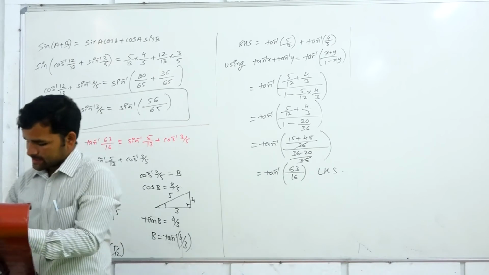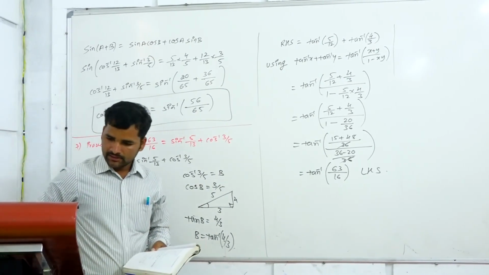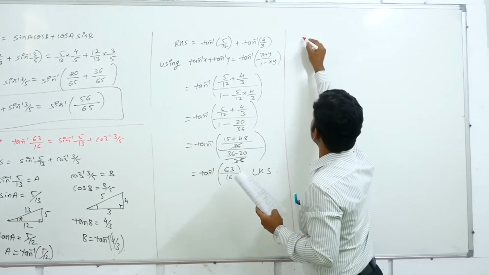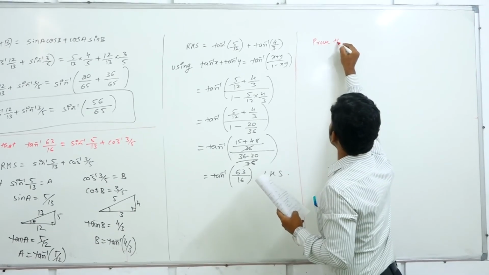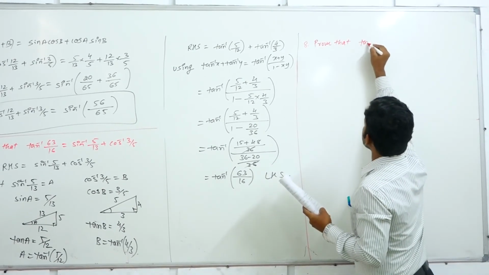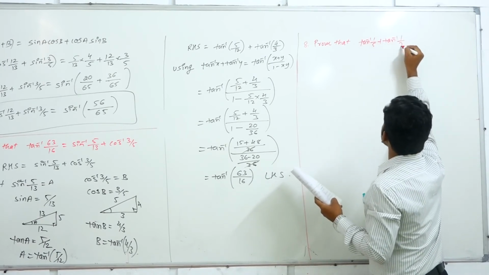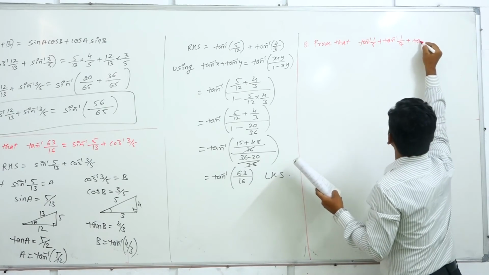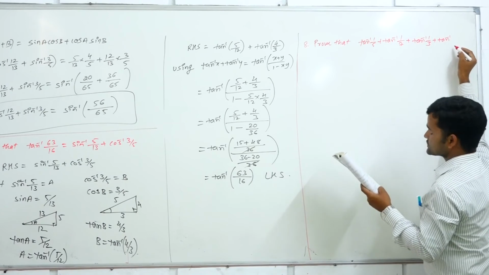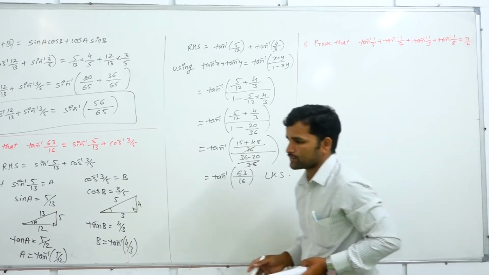Problem number 8 says, prove that tan inverse of 1 by 5 plus tan inverse of 1 by 7 plus tan inverse of 1 by 3 plus tan inverse of 1 by 8 is equal to pi by 4.